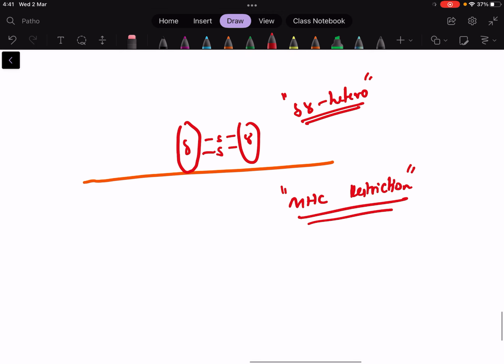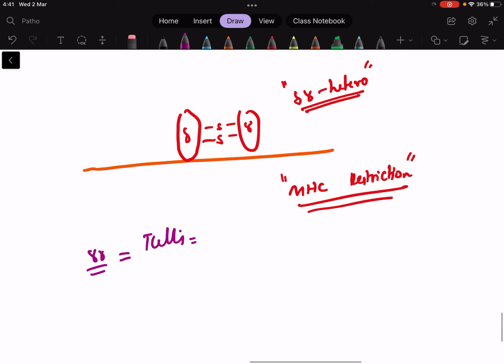It means every cell can react with these T cells having this delta gamma heterodimer, and these types are mainly present in the urogenital system, beneath your skin, or on your mucosal surfaces.